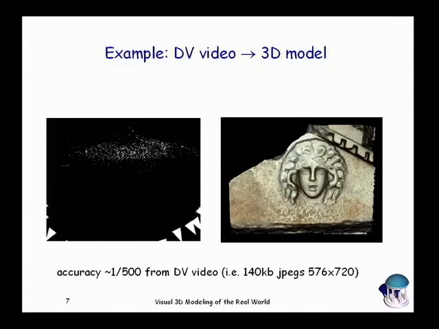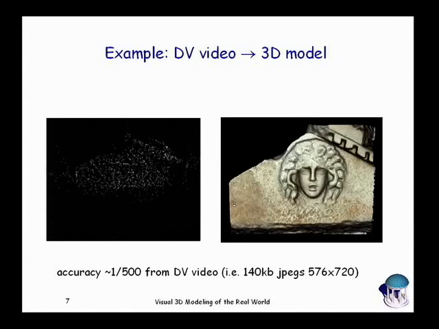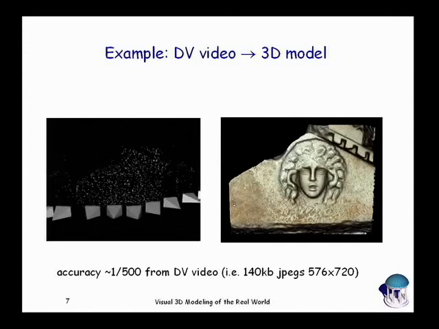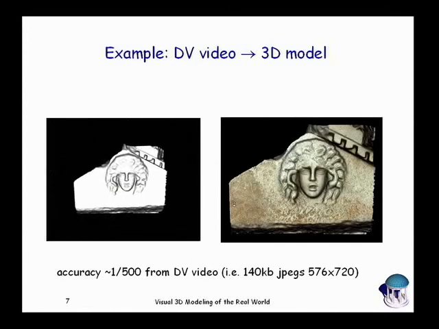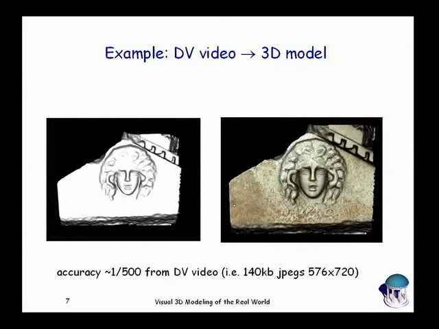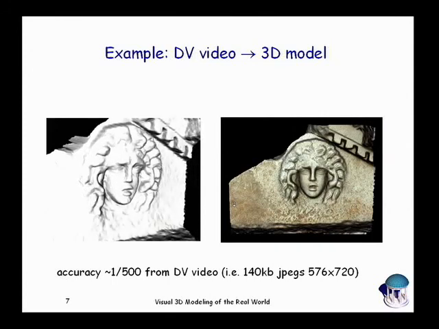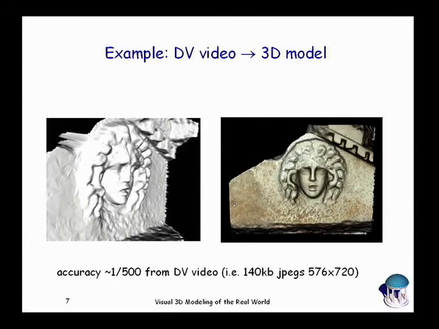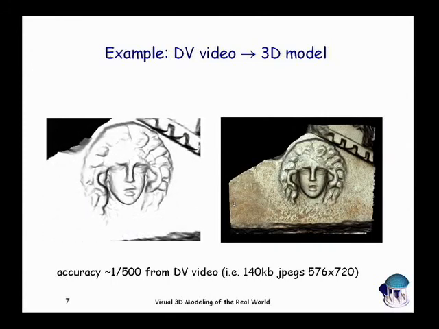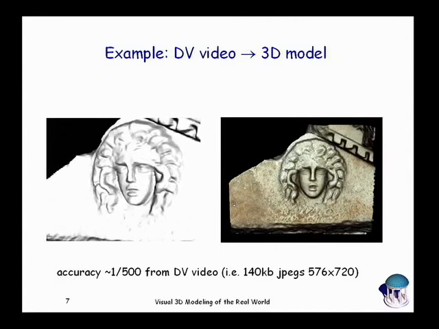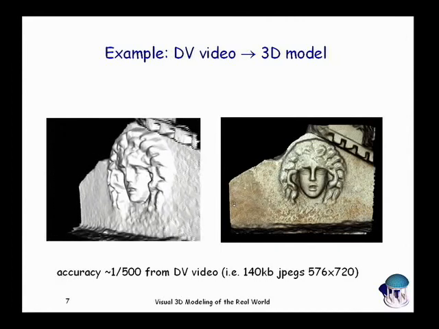Then revisit the images, do stereo between each consecutive pair of images here, and then assemble that, link that all together to get higher accuracy by linking from one view to the next, and in the end, end up with a depth map or a surface representation, where you can see that even things like eyelids are present in the geometry.